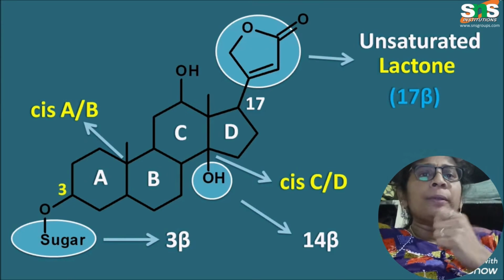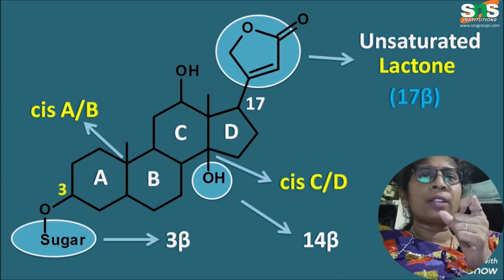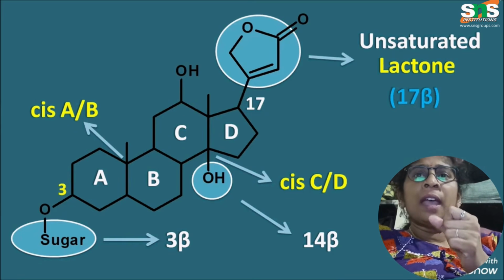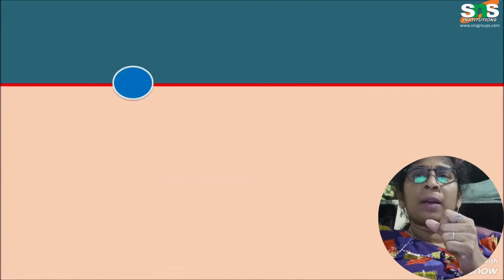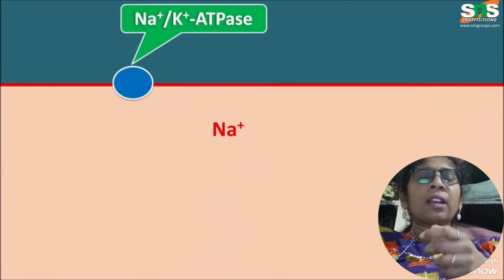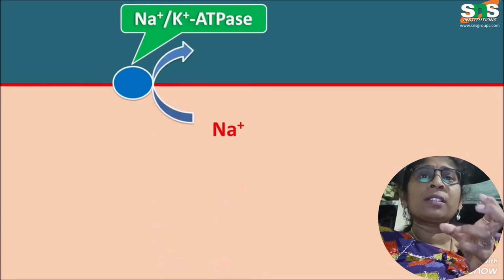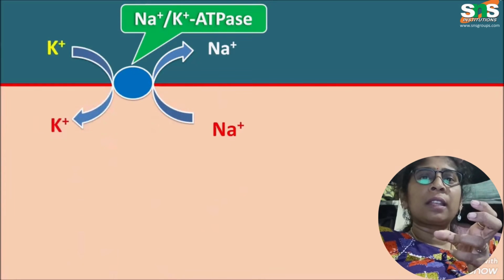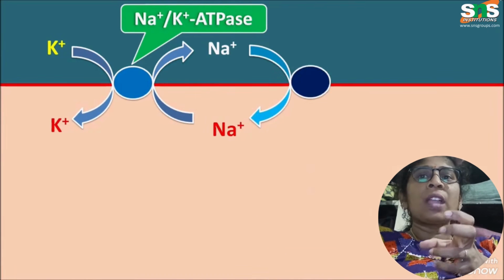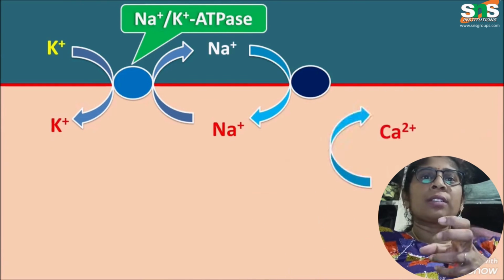Phenolic glycosides, the aglycone nature is simple phenol or alcohol, and the example is salicin, and source is Salix alba, that is willow bark, and therapeutic action is analgesic and antipyretic. Coming to the flavonoid glycosides, the aglycone part is nothing but flavone nucleus, and examples are rutin, hesperidin, and sources citrus fruits, tea, and therapeutic action capillary strengthening.